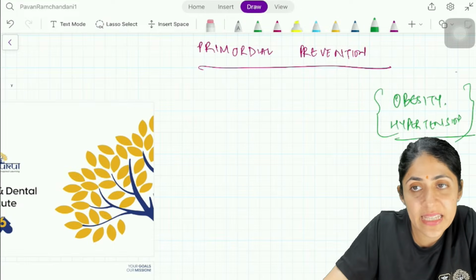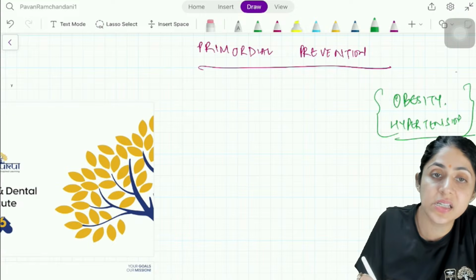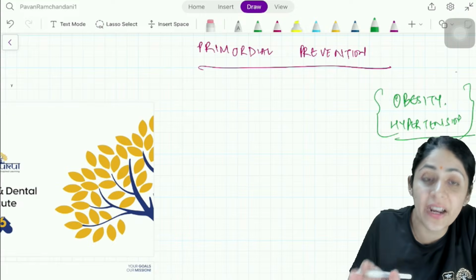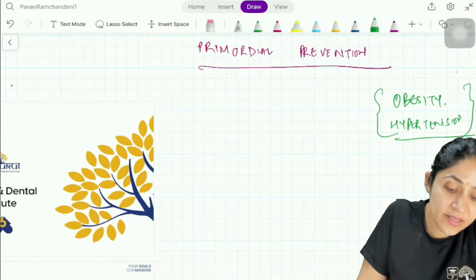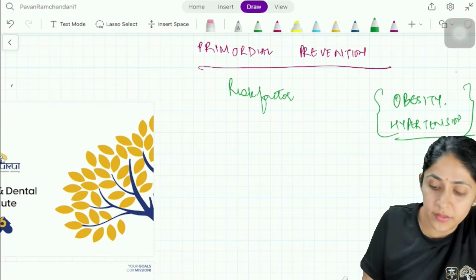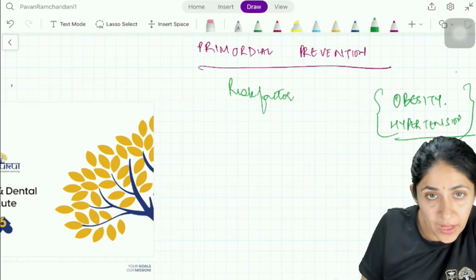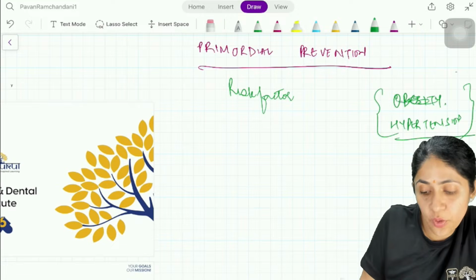So in the pre-pathogenesis phase, there is the risk factor. We want to prevent the risk factor that will lead to hypertension, which is basically obesity.